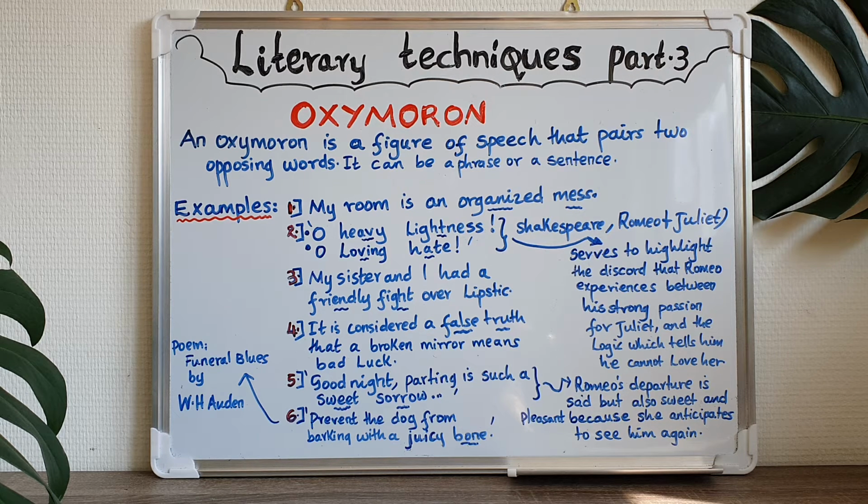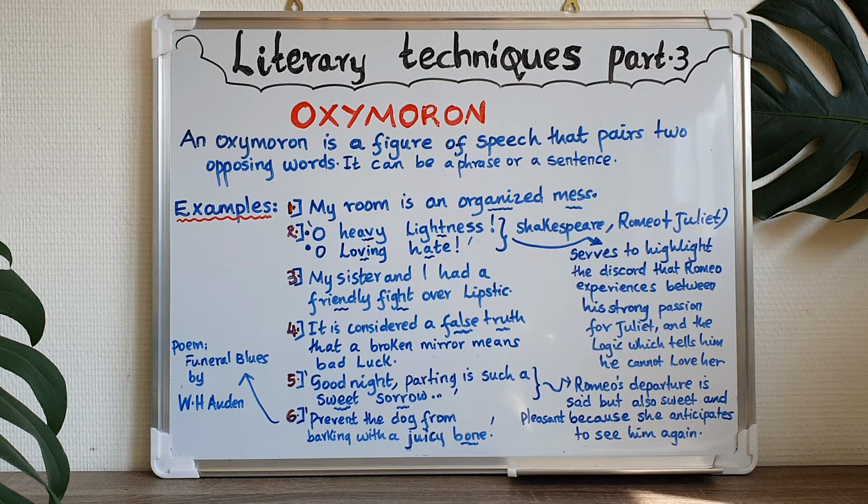Okay? Let us move on to the next example. And this is an example, or rather examples, from Shakespeare's Romeo and Juliet. Oh, heavy lightness. Oh, loving hate, says Romeo. Now, when you look at the first example, you have two words that are opposite in meaning, and yet they are paired together.